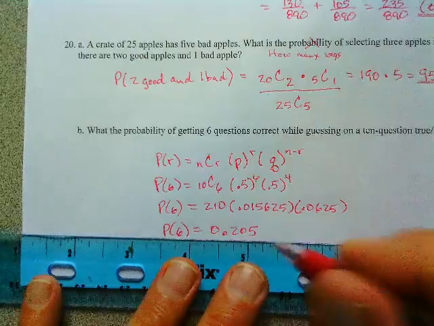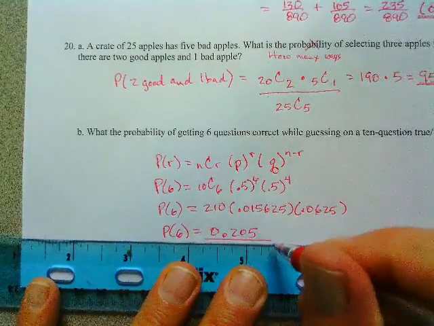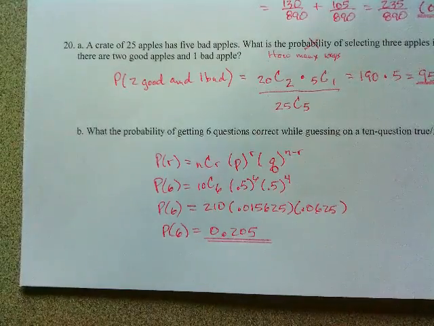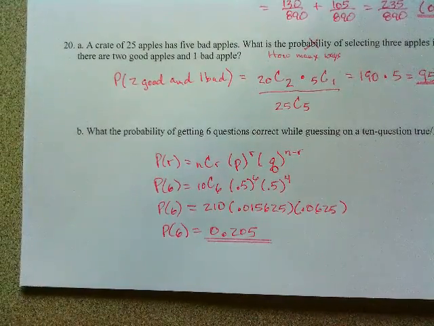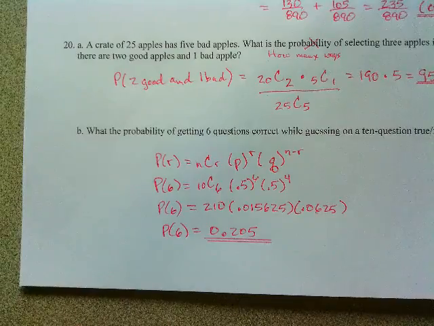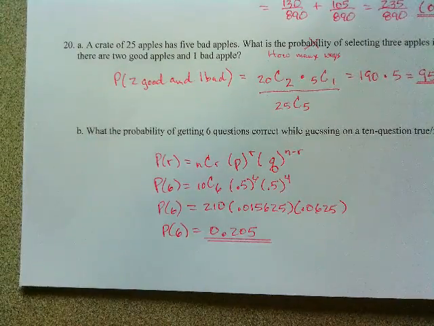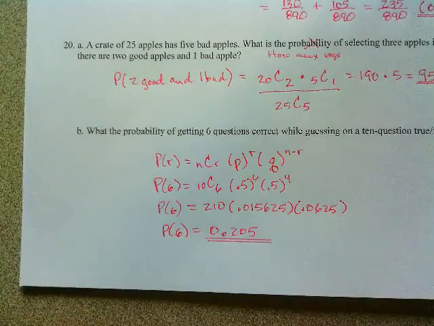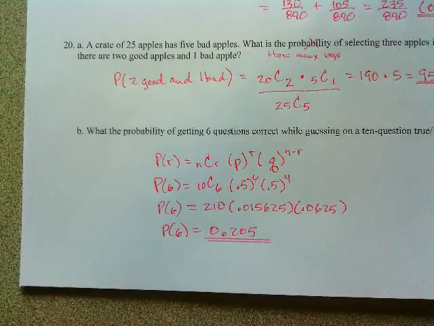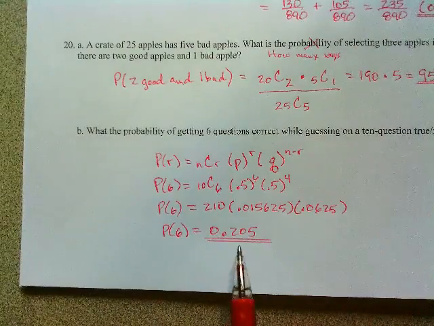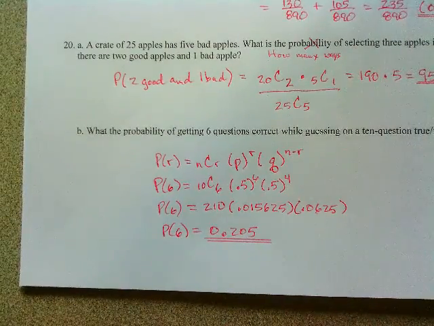So not quite 21% chance of getting 6 of them right. Not, please note, ABCD, but a true-false. You would think, oh, I should have a chance of getting half of them right just by guessing, but no, it's down to 20%.